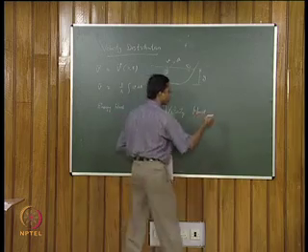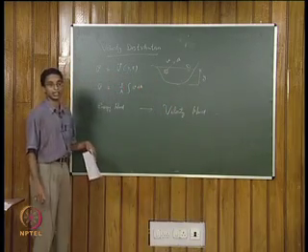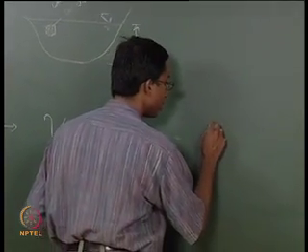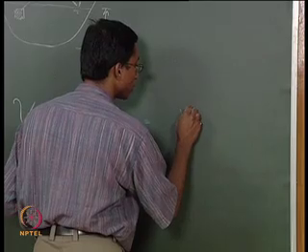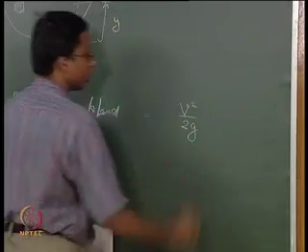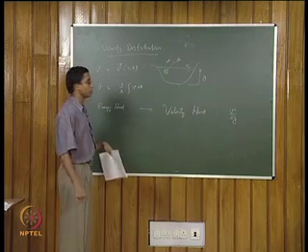What do you mean by velocity head? It is a quantity related to kinetic energy, and it is well documented. It is nothing but the velocity at any location, v squared by 2g.